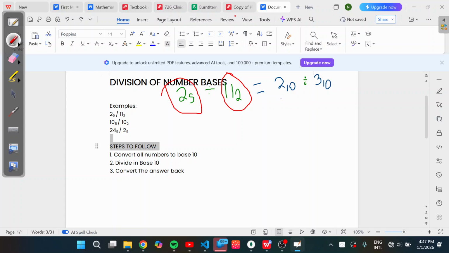So this is what we're going to be using to solve the question. Now how do we divide in base 10? It's very simple. It's just 2 over 3. Very simple. And that would actually just be our final answer.